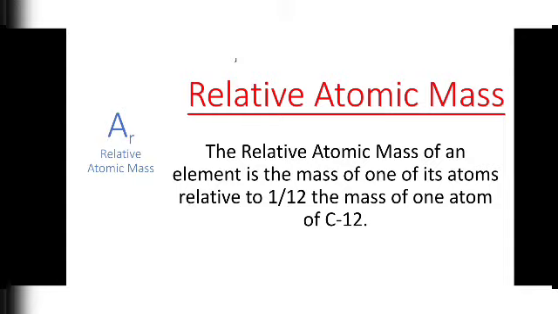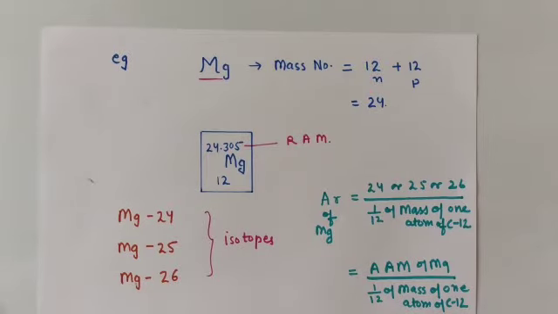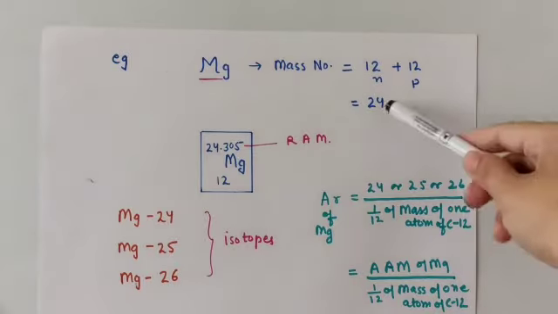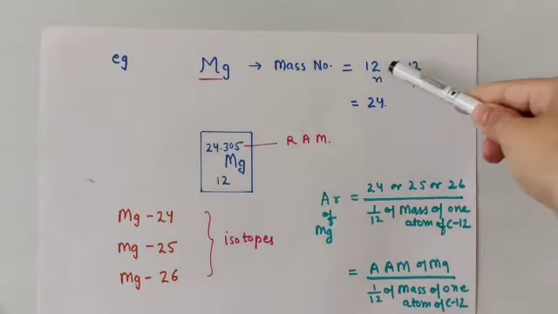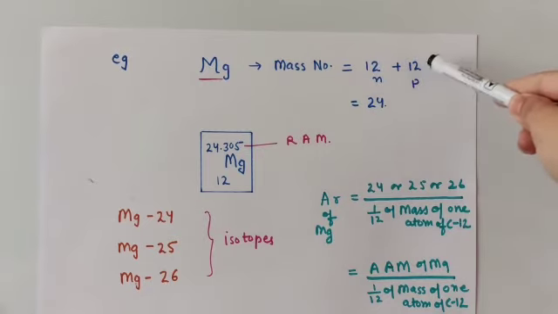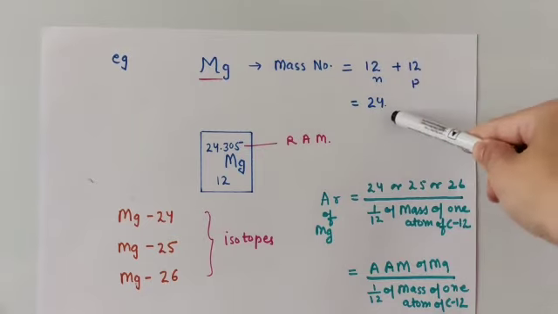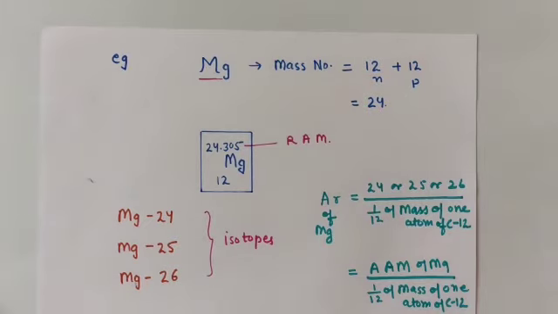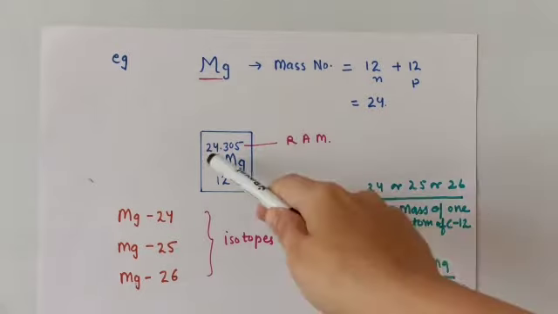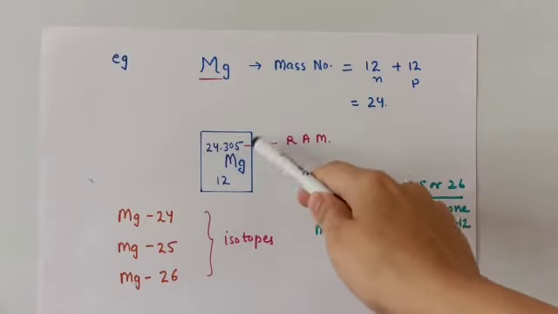My first example is magnesium. We know that the mass number of magnesium is 24, that is 12 neutrons plus 12 protons, which is 24. But have you ever noticed in the periodic table that the mass number of Mg is written as 24.305?